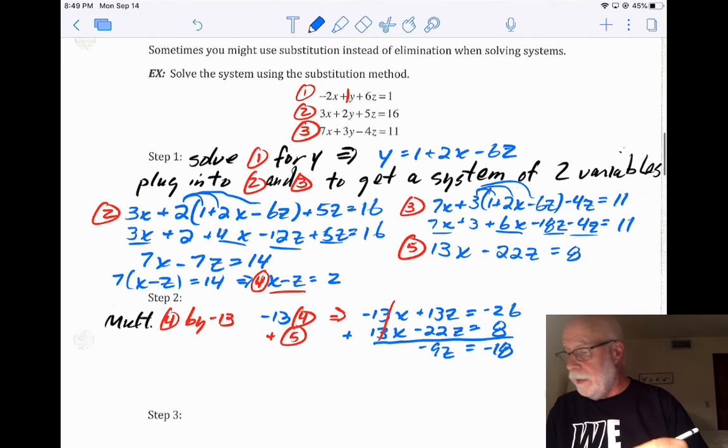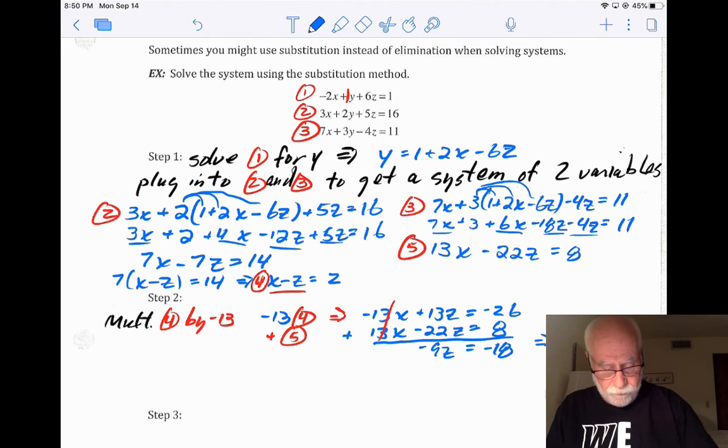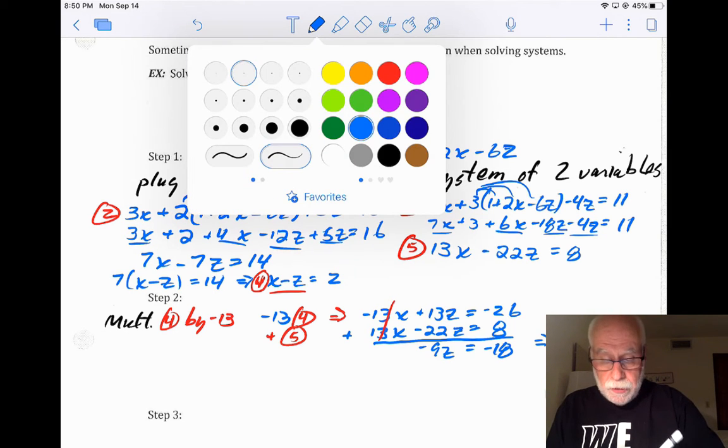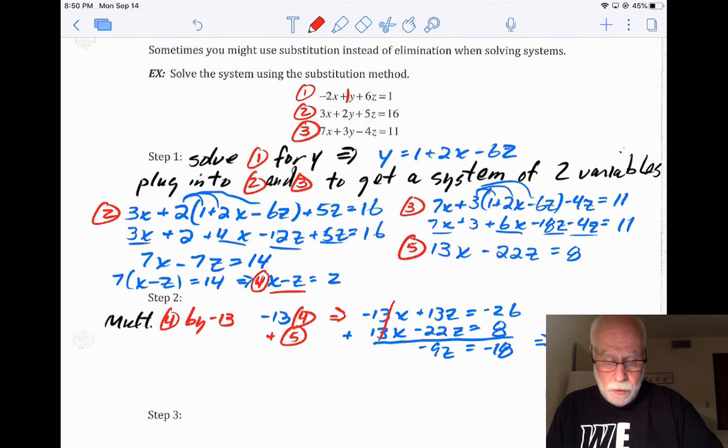If I divide through by negative 9, that'll give me that z is equal to 2. After that, choose 4 or 5 to solve for x.